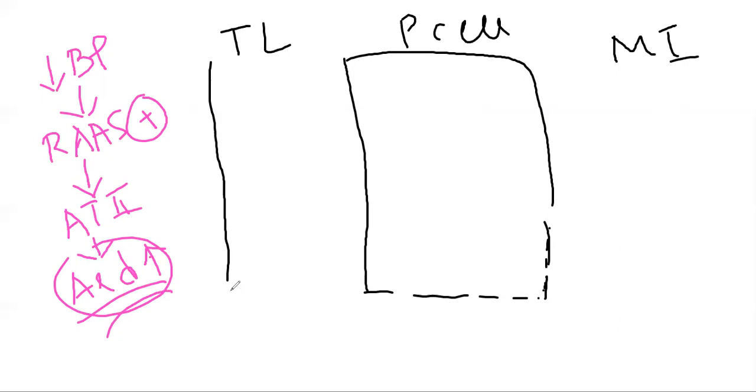This aldosterone is lipid soluble, so it can easily pass through the basolateral side of the P cell and enter into the cytosol of the P cell, and it will immediately produce a hormone receptor complex. There is an intracellular or cytoplasmic receptor for this aldosterone.